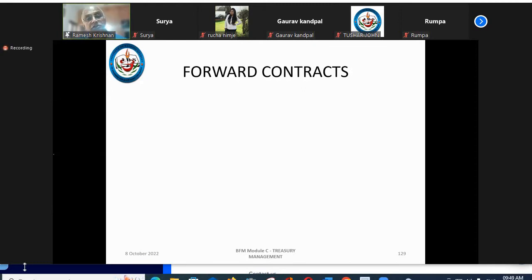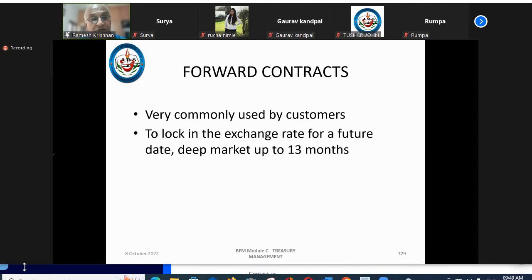So this is the concept about a forward contract, very commonly used by customers to lock in the exchange rate for a future date. So that is what he is locking. Exchange risk is completely getting covered. Exchange rate is locked. And up to 13 months maturity in the market, forward exchange contract prices are available.